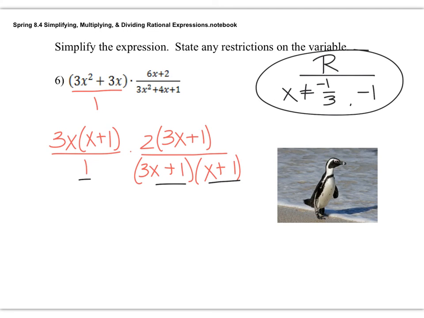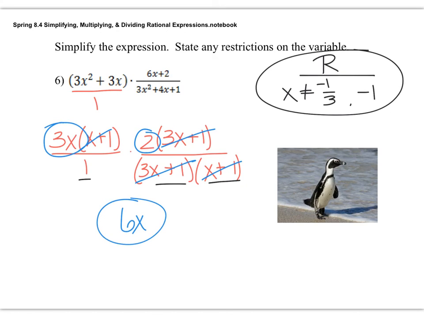There are my restrictions. And then canceling anything on top and bottom, I have a 3x plus 1 and x plus 1s. All I have left on the top is a 3x times 2. Do not add. That gives me 6x and just a 1 on the bottom, which I don't really need. So I am done, 6x.